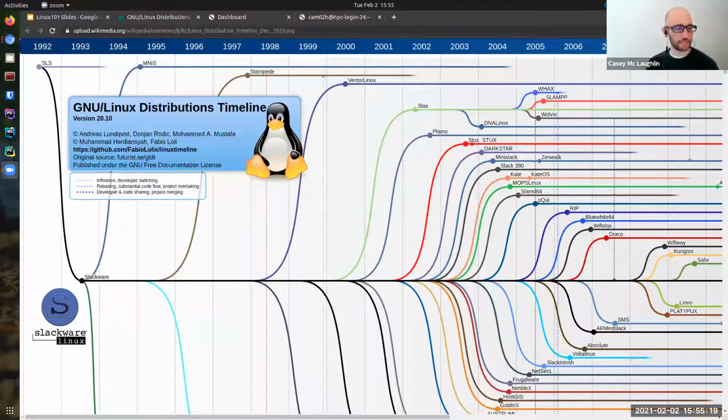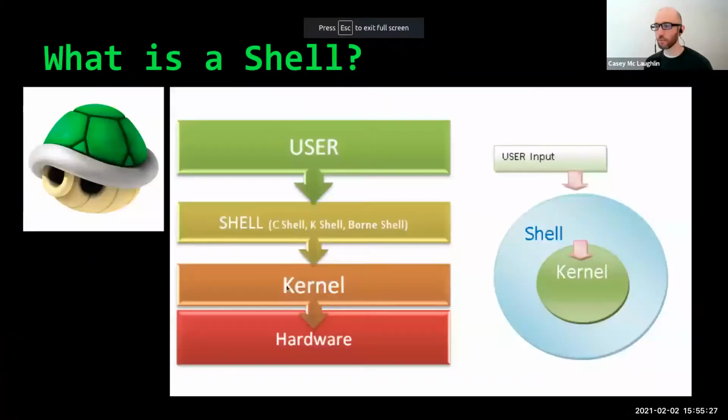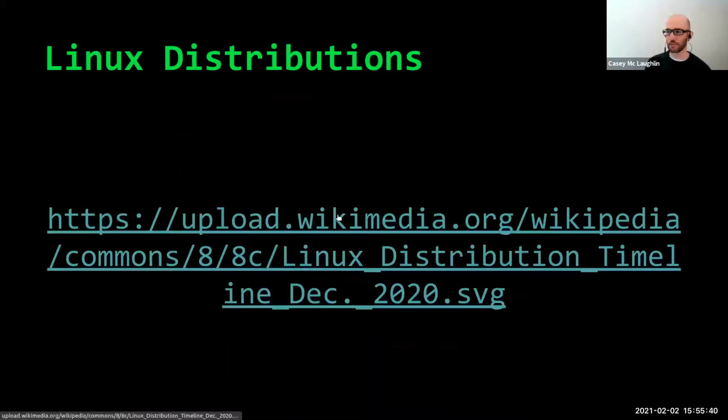The thing that makes these distributions all quote unquote Linux is that they share the same kernel. So they're all shells, or sorry, there's actually a hidden layer in between the shell and the kernel. It's called the user space, and they're all pretty much user space implementations.